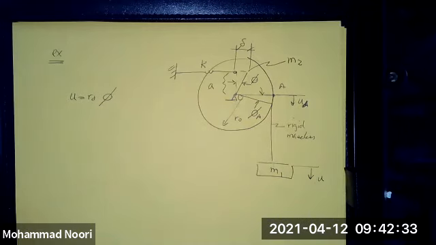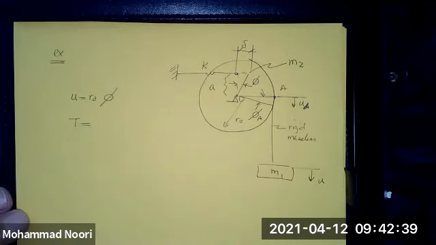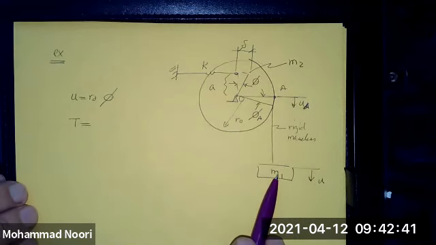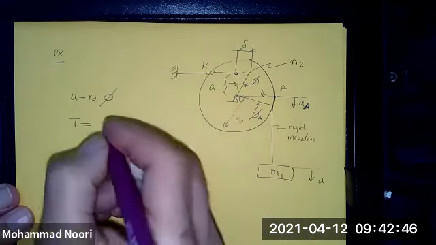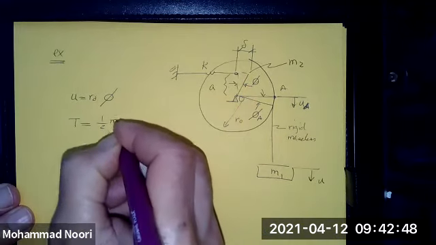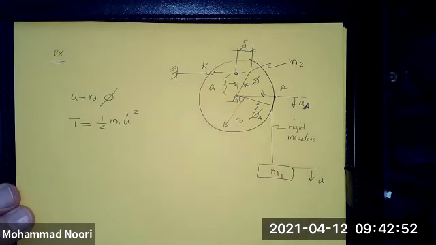So I don't need free body diagrams. I don't need anything. All I need is: what is the kinetic energy of this system? You have two masses, this one and this one. What is the kinetic energy of this? It would be 1/2 m1 u dot squared.